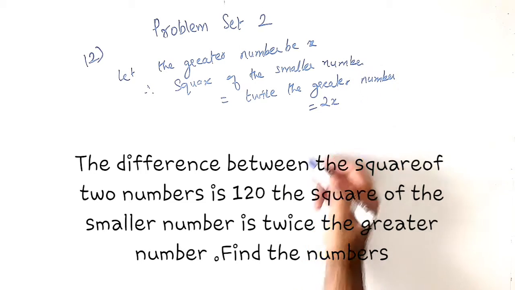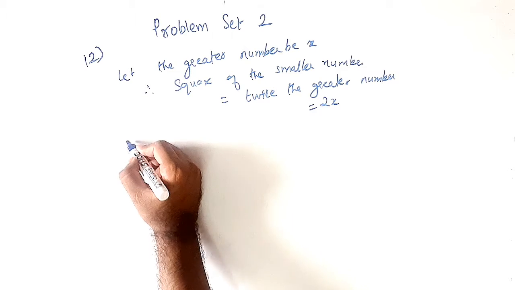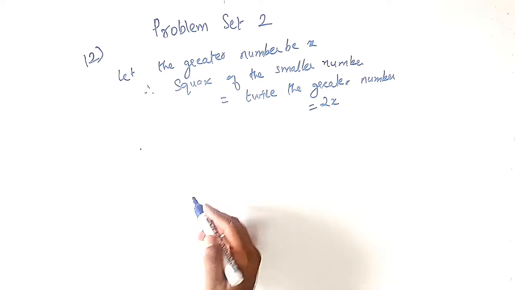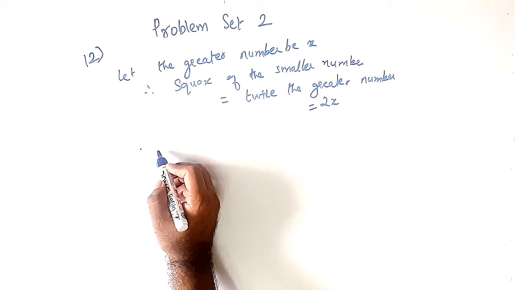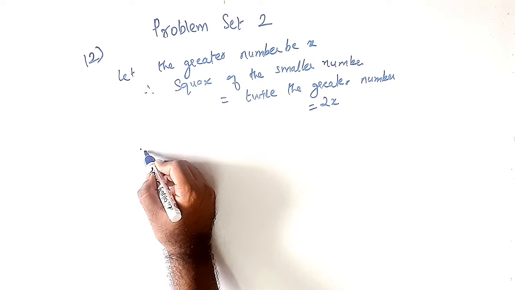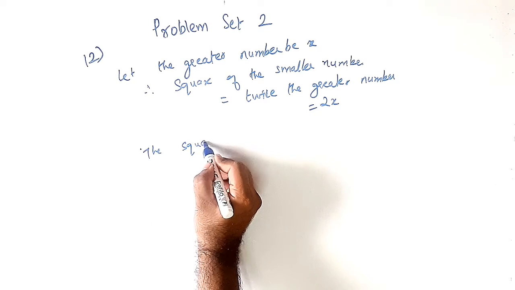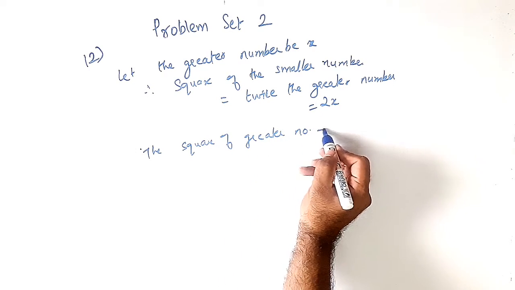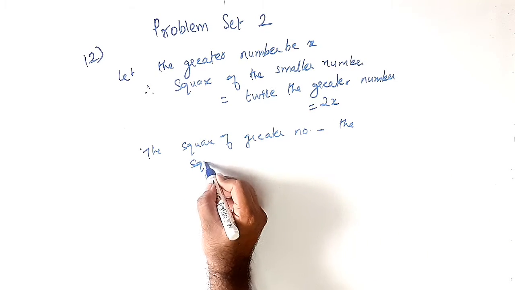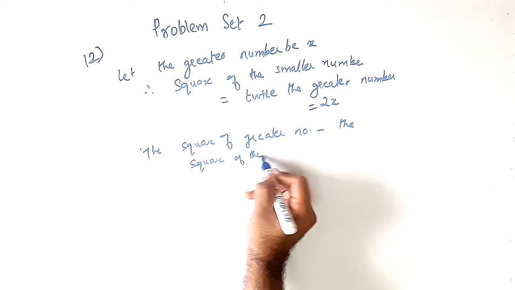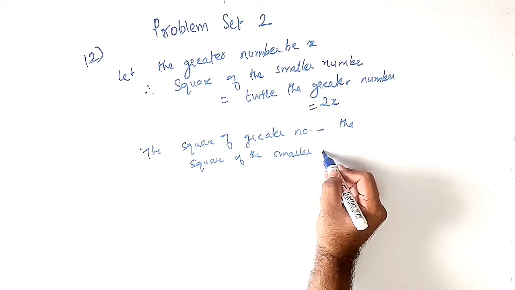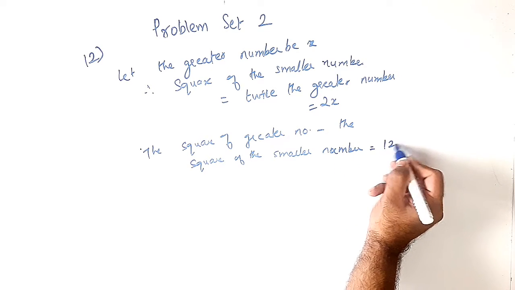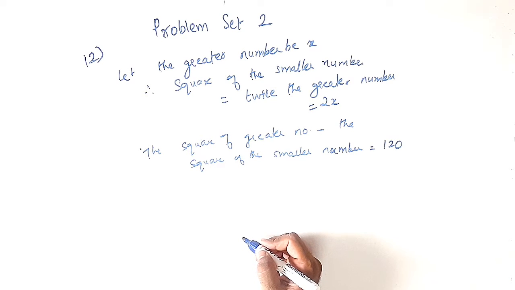Then the first condition given is the difference between the squares of two numbers is 120. So the square of the greater number minus the square of the smaller number is equal to 120.